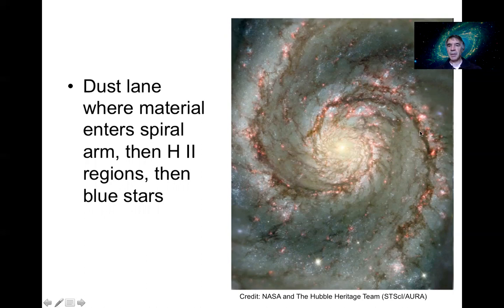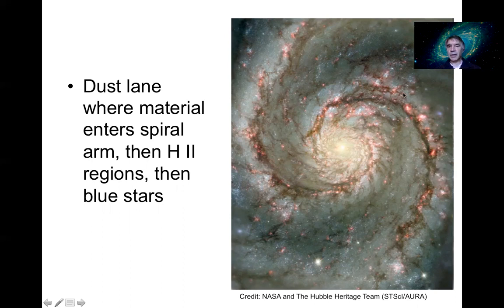Okay. And then a bit further along, you can see these red patches, like here and here and here. So those are the H2 regions, the H alpha light shining very brightly in this object. And then just past it, you can see where all the blue light is coming from, and even clusters of blue stars here.